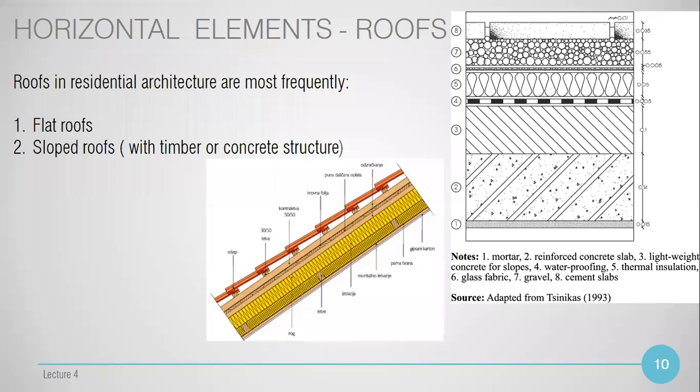So the roof is a part of the building envelope. The characteristics of the roof depend on the purpose of the building that it covers, available roofing materials, and the local traditions of construction, which is a wider concept of architectural design.